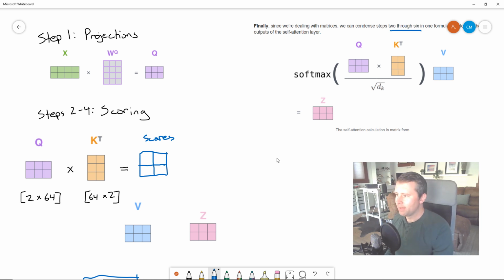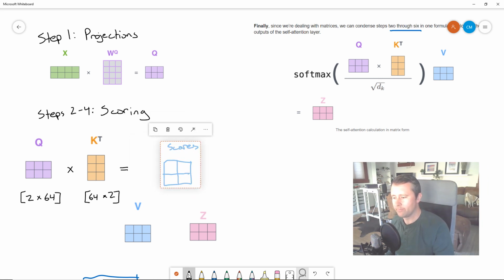Okay, we divide all the scores by the value 8. That's a simple step. And then the softmax is always done on a list of values. So here we're going to do the softmax on the rows of this matrix. So really it's softmax of this row and softmax of this row.